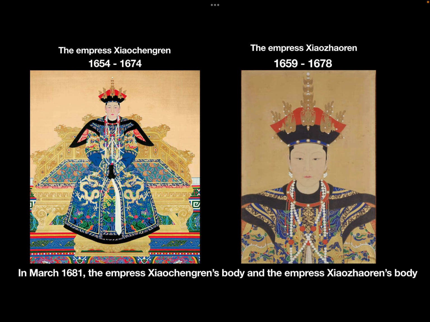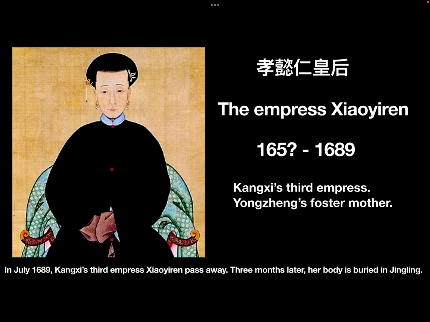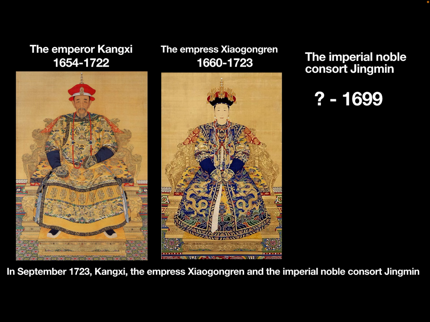In March 1681, the Empress Xiao Chengren's body and the Empress Xiao Zhaoren's body were buried in Jingling. In July 1689, Kangxi's third Empress Xiao Yiren passed away. Three months later, her body was buried in Jingling.